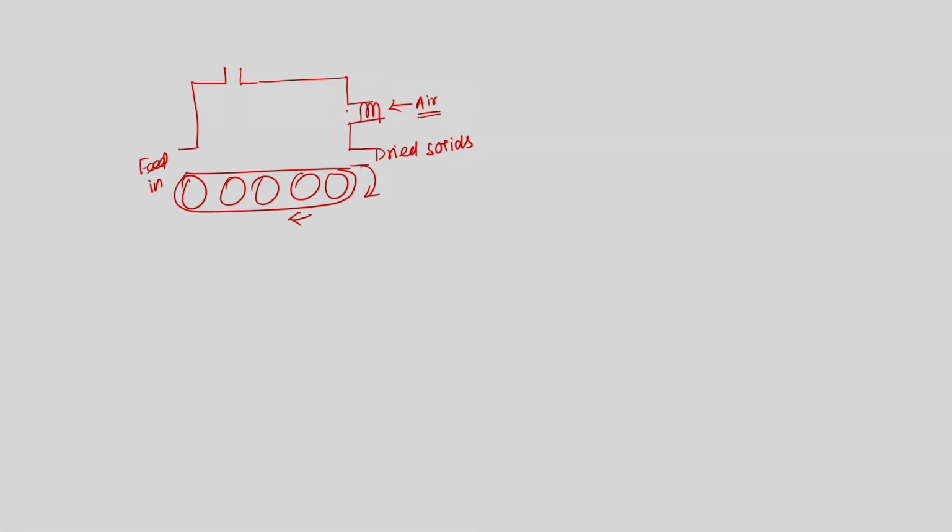So, this gets heated and here is your food material. It passes through the food material and goes out as exhaust air. Here you have guiding rods to guide the air along the exhaust. This conveyor belt will be conveying the solids from the inlet to outlet.